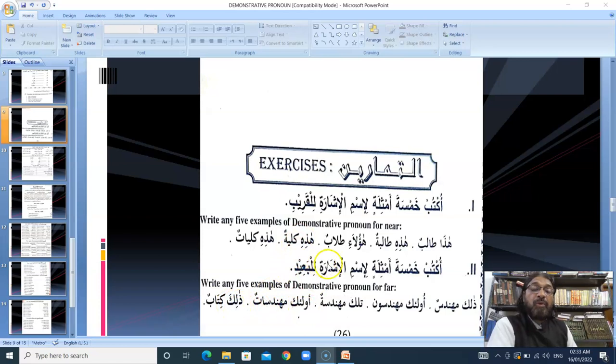So these 2 exercises, 1 and 2, are very important. 99.9% among these 2, anyone will be asked in bit number 13 for 4 marks. So it is incumbent upon you to memorize by heart all 5 examples of near indications, Ishara Qareeb, and 5 for Ishara Ba'id.